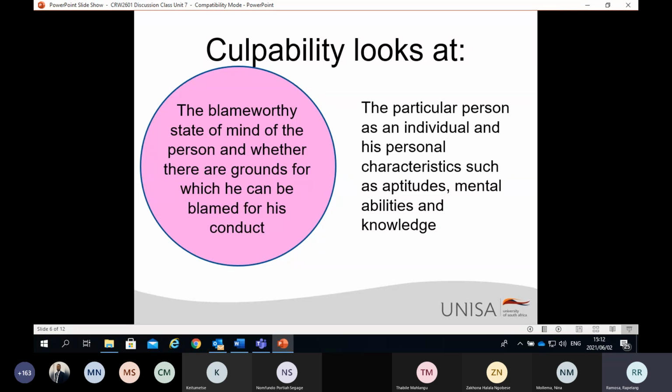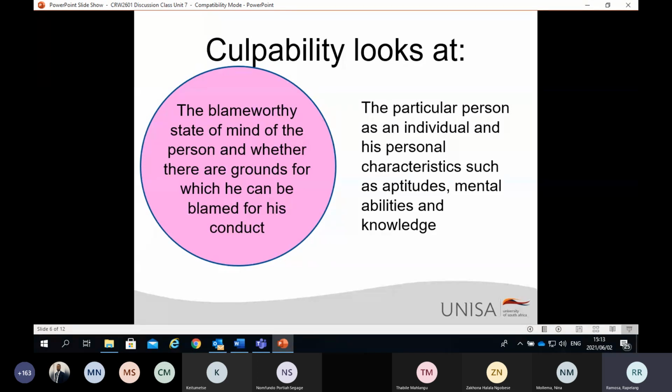We must have grounds upon which we can hold X liable and say that X committed this with a certain mental awareness or mental ability, a certain knowledge, and certain aptitudes that are unique to X. So that is what culpability is looking at as a concept.